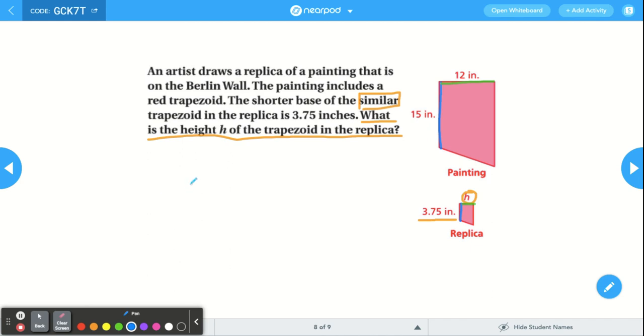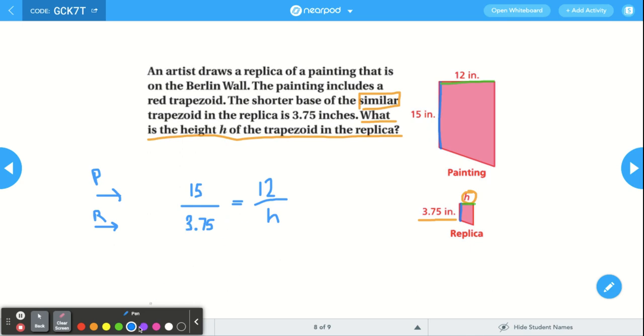So the painting side is 15, and that corresponds to the 3.75 on the replica. And that should be equal to the painting height of 12 to the height of the replica. So remember, everything from the painting went on top, everything from the replica went on the bottom. And I matched up corresponding pieces.